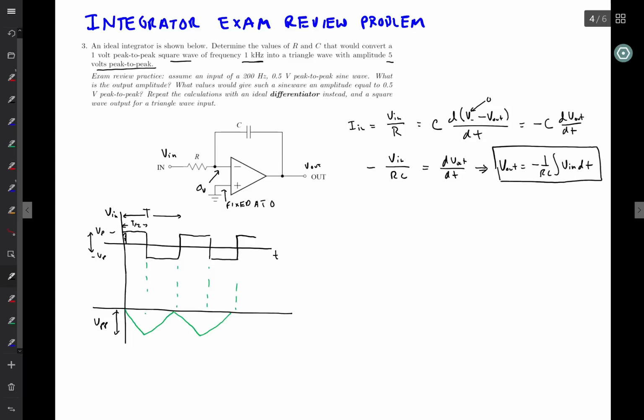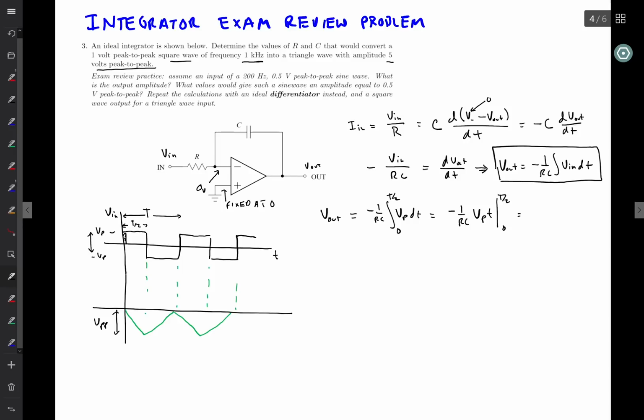Okay? So now if we integrate our square wave, assuming it's a constant up to this point, what we'll have is that the output is going to be equal to minus 1 over RC times the integral of a constant, which is just the peak value, times dt between 0 and T over 2. And this is basically just minus 1 over RC times V peak times t, evaluated between 0 and T over 2, where T is the time.